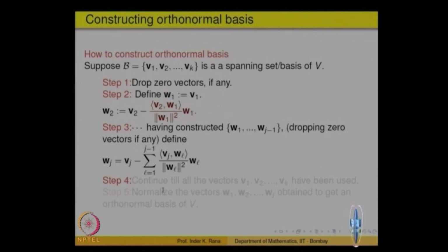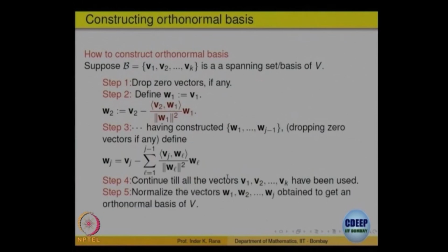Continue this process till you have finished all the vectors V1, V2, Vk. You will get a set of vectors W1, W2, Wj which will be orthogonal, none of them will be 0, and which will span the same space. Once you have that, you normalize them to form an orthonormal basis. That is the process of constructing an orthonormal basis from a given one, and we had looked at examples of that.